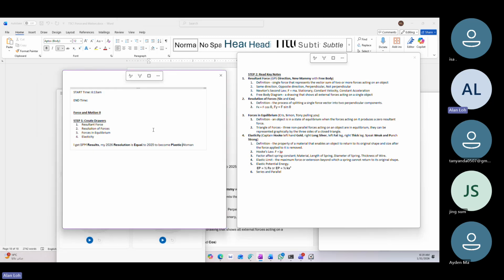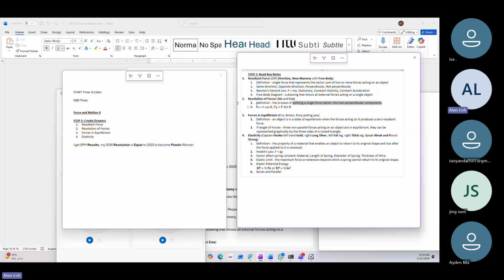Number 2 is resolution of forces. Resolution of forces also has a definition: splitting a single force into two perpendicular components. Like I say, if you don't understand this sentence, it's fine. You're going to know it later.